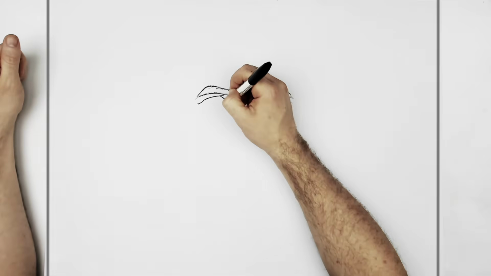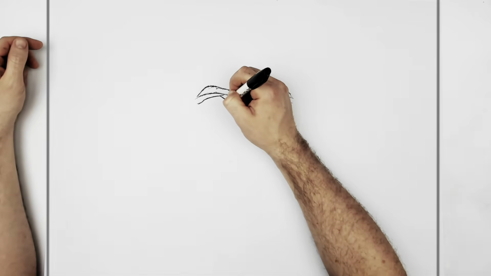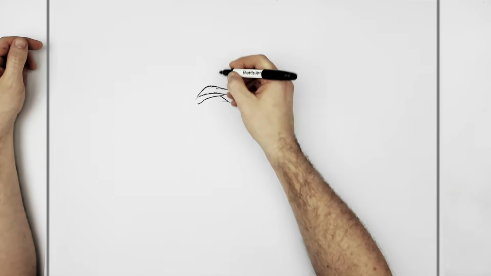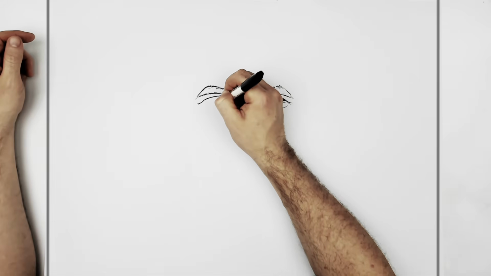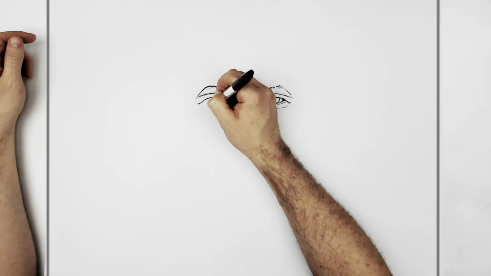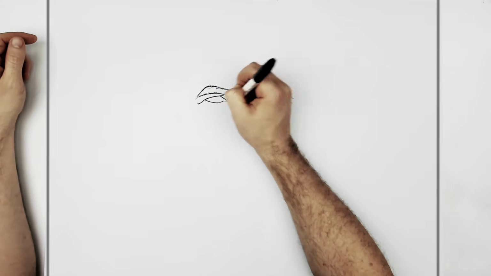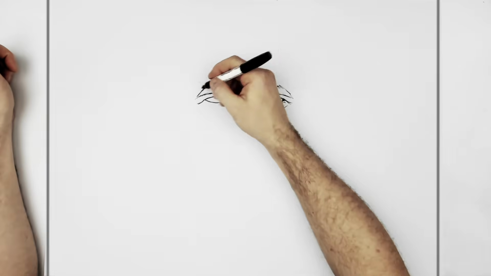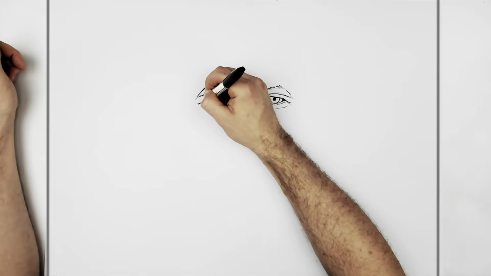And then tear ducts, sort of a spike there. Down to there. Kind of darken up some of this.